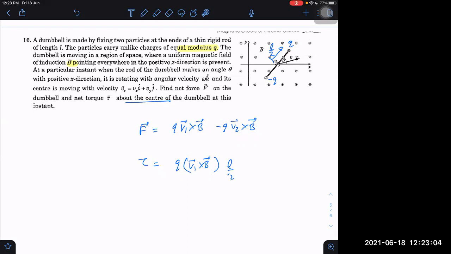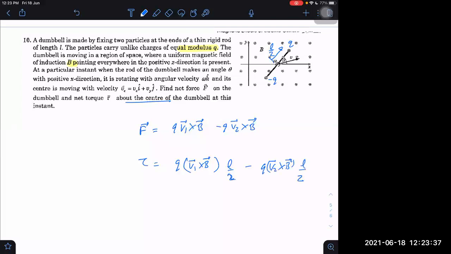Force is perpendicular to the L by 2, because the force will come out to be out of the plane. Right or not? Yes, sir. Similarly, minus q v2 cross B into L by 2. L by 2 will also be with a negative sign, right?